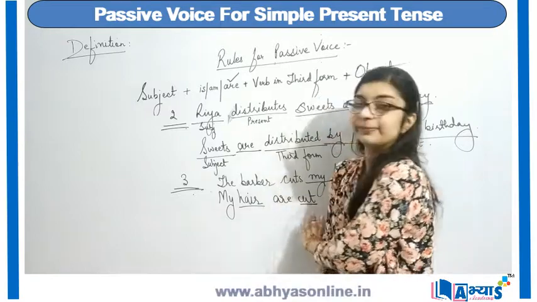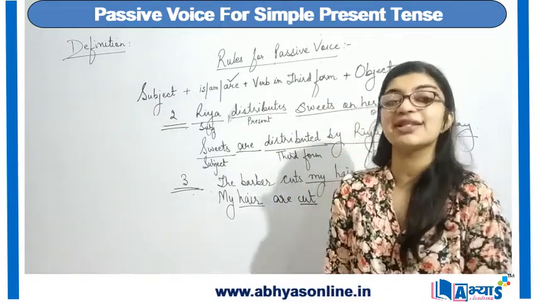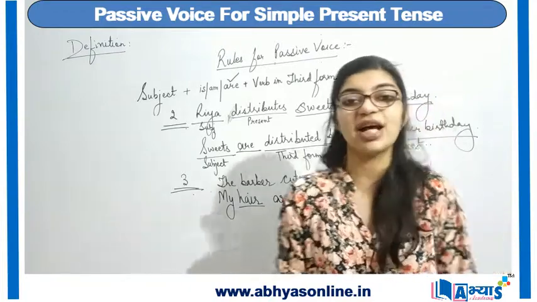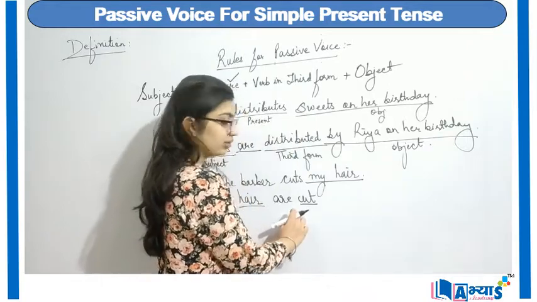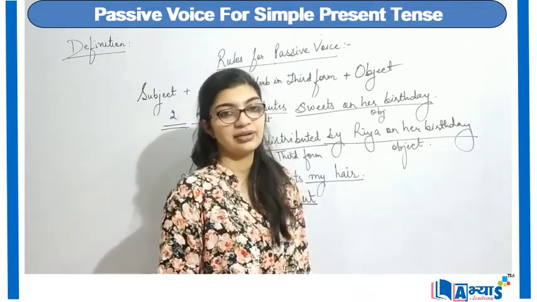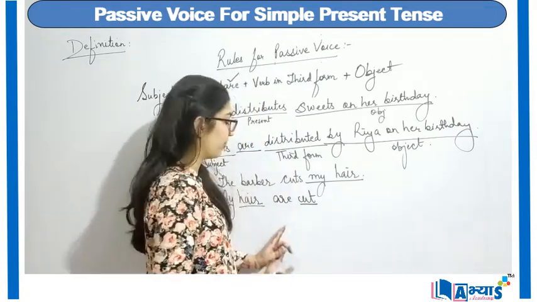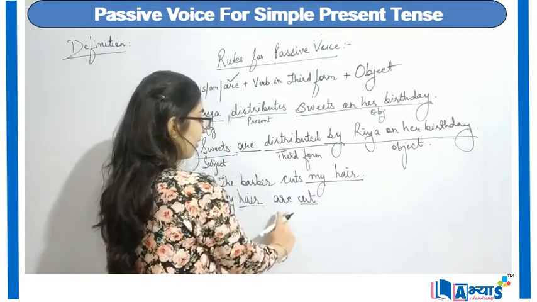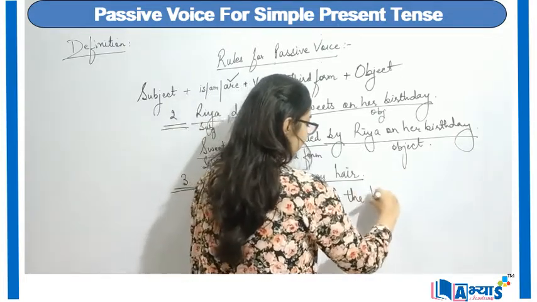Cut in third form is also cut. There is no word as cutted. These are some important points in English, that cut does not change to cutted in the sentence. If you want to convert it into third form, it will remain cut. So, my hair are cut by the barber.